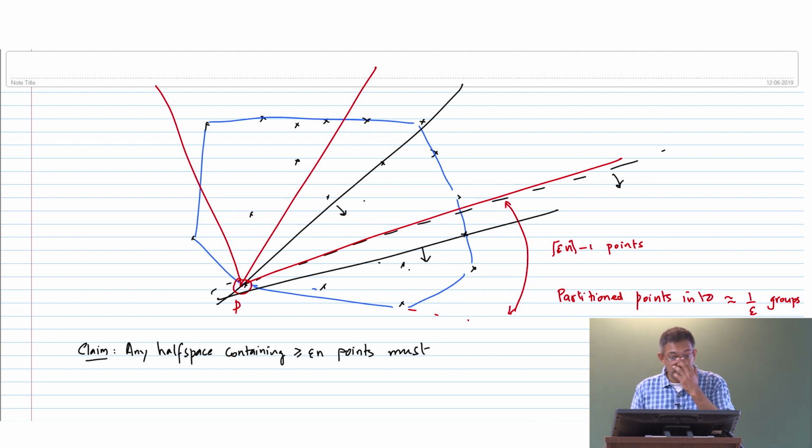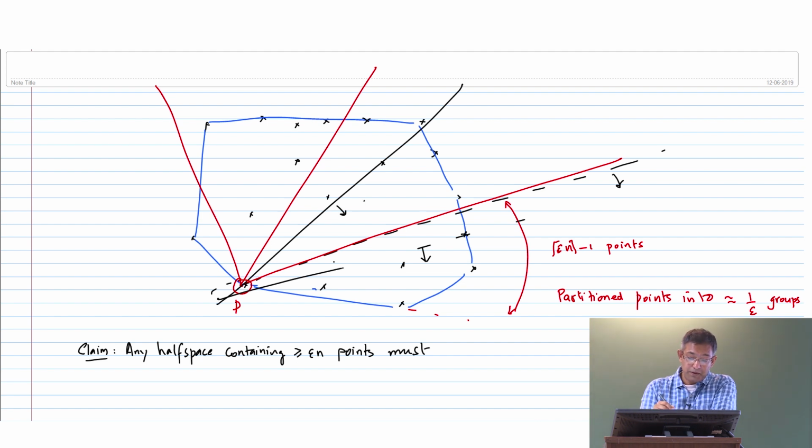They will intersect on the convex hull, but they may not intersect at a point on the convex hull, at a vertex on the convex hull. Okay.